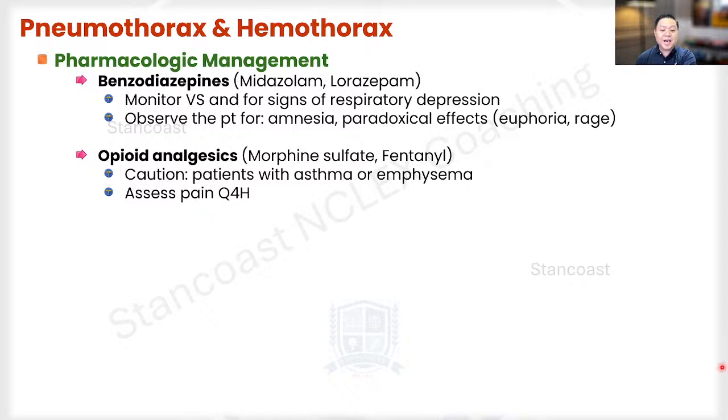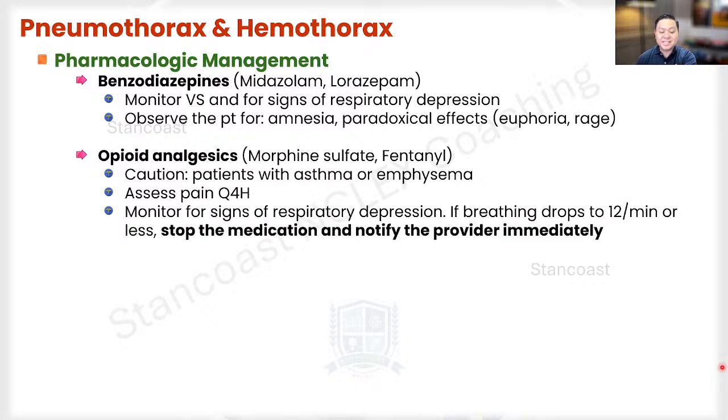And you've got to be cautious here, especially for those patients that may have a pre-existing condition, maybe asthma, or it could be emphysema. These are the people that are at risk of developing respiratory depression.